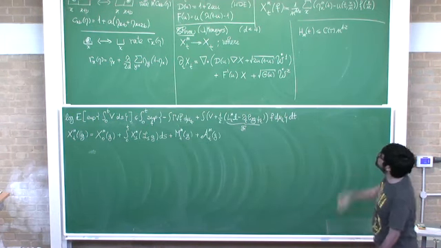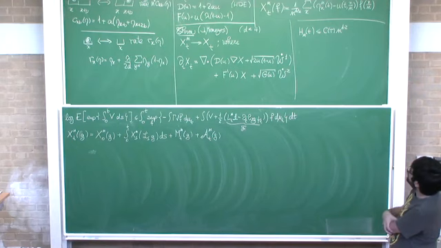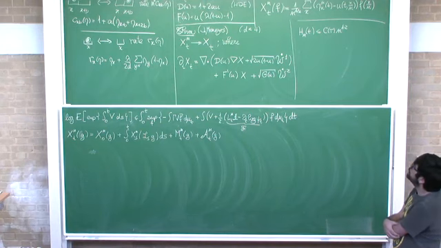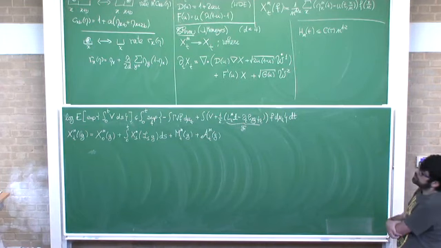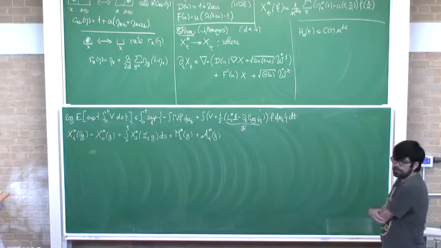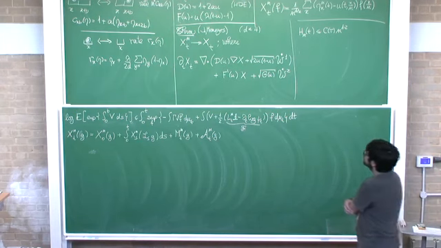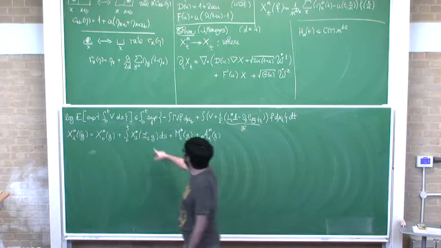This equation has two parts, one random part and one deterministic part, and the deterministic part is a linear parabolic operator. Maybe it's not homogeneous in time and space, but that doesn't really matter. It's still a linear parabolic operator that I'm going to call L_s.